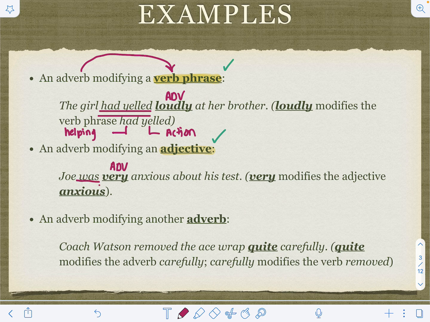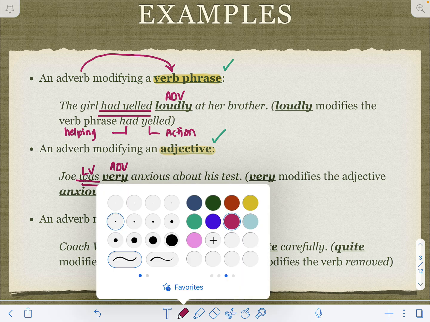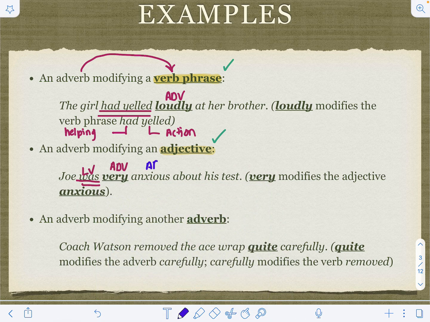We have was as a linking verb, and whenever we have linking verbs, we have to look for adjectives that come after the linking verb. I'm going to switch colors so we don't get confused. Anxious is an adjective, and so very is explaining or clarifying how anxious he was in regards to his test.